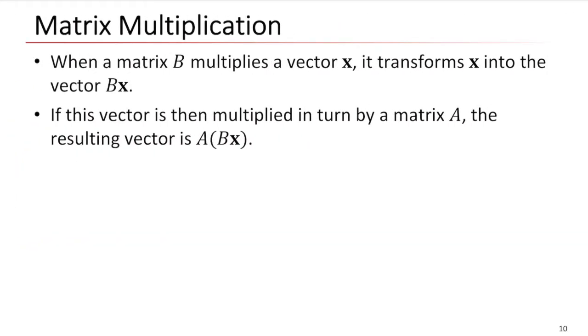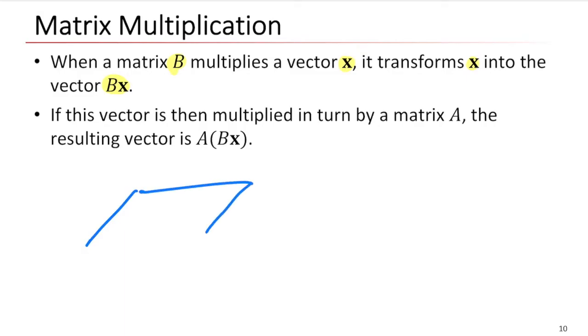Okay, let's move on to matrix multiplication. Let's say we have a matrix B multiplied by vector x. It transforms vector x into the vector Bx. What does it mean? Let's draw a figure here.